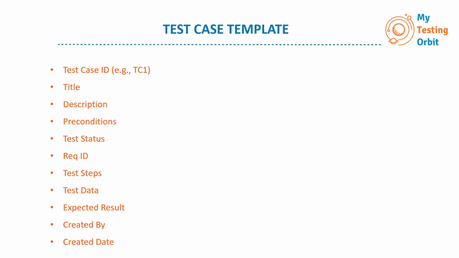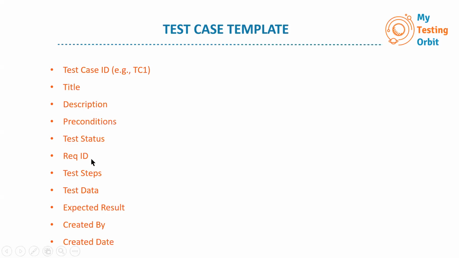So the test status can be new, in review, reviewed, and then executed, etc. That matters because when you go into the execution phase, the same test case spreadsheet will be extended for test execution as well. You will add more columns for the test state, like passed, failed, etc., and also what the actual results were.